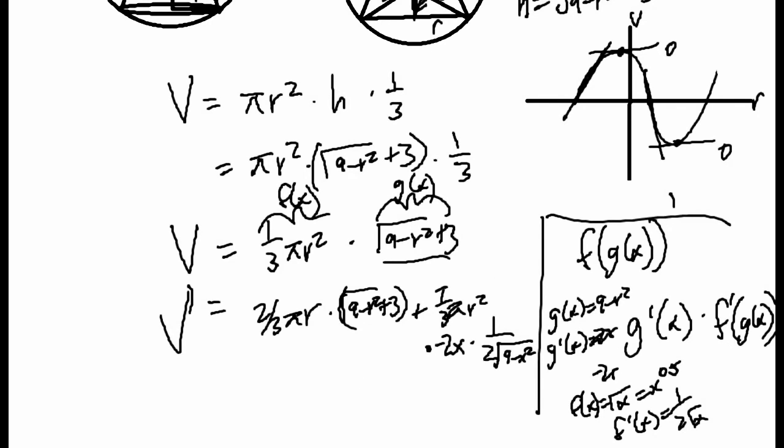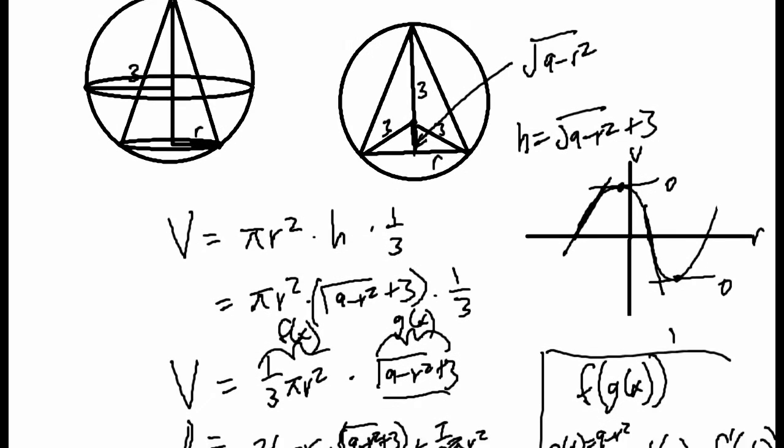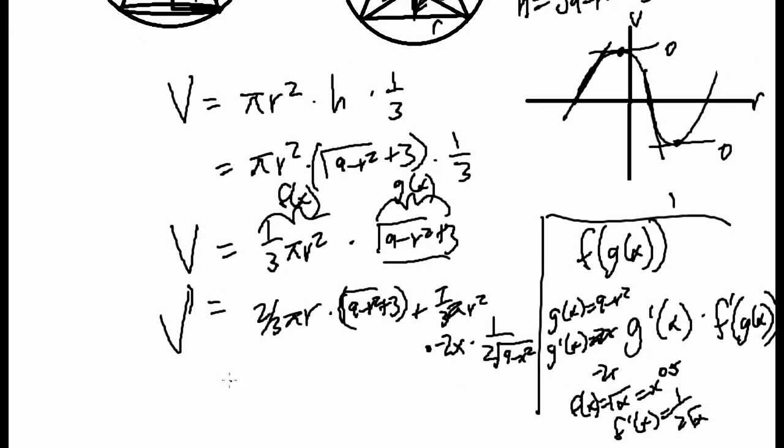Now to find the maximum of this function, we'll have to find the values of where it is 0. So, let's just try to solve for this equal to 0, so 0 equals this, and let's try to factor out some stuff. What I can see from here is that this is 2/3 pi r, this is 1/3 pi r squared. Every term seems to have 1/3 pi r in it, so we can factor that out.